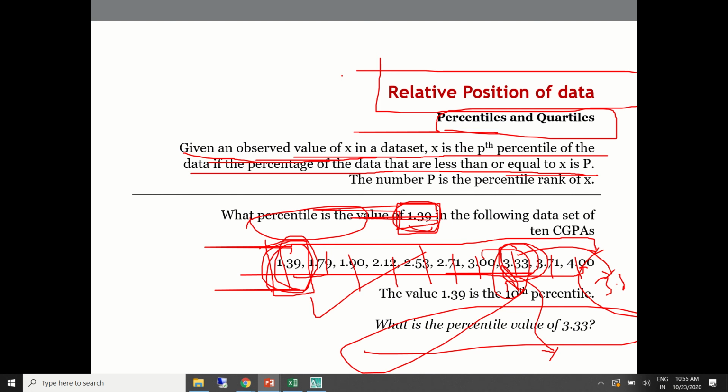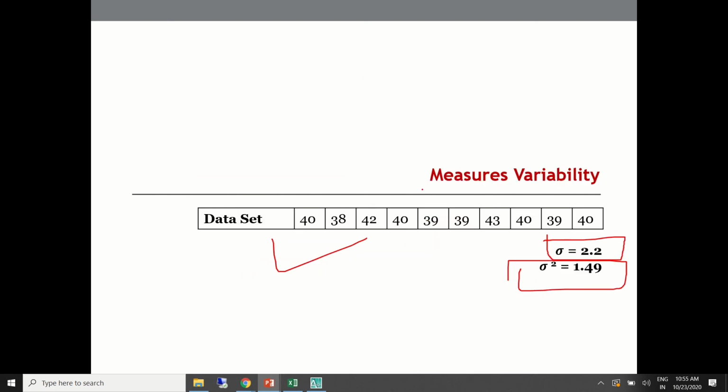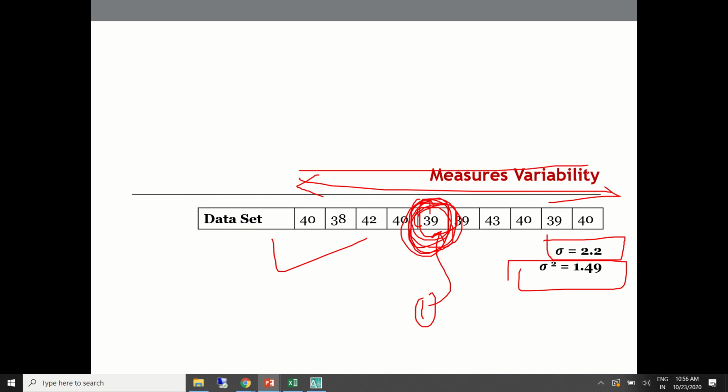Okay, relative positioning of data. Within the data set, if we have to comment on 39, what is the relevance of 39 in the data set, and if somebody has scored 39 in a test score, how do we understand it in terms of percentile and so on. This helps us specifically comment on 39 with respect to the rest of the class.